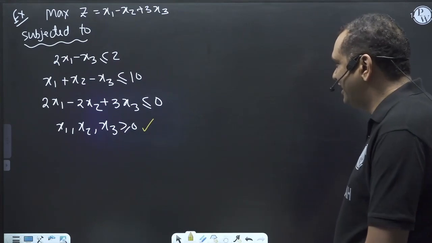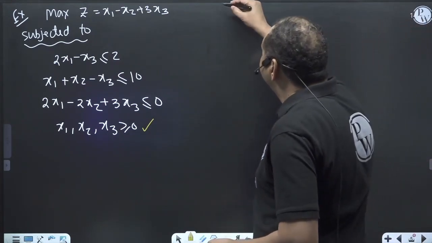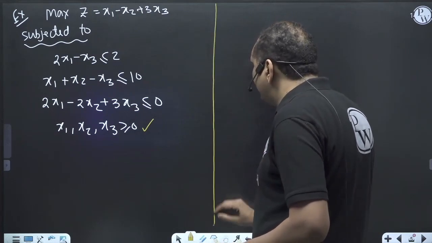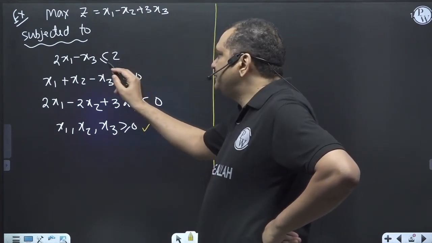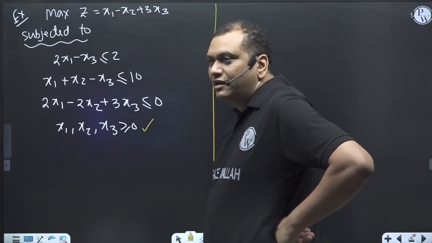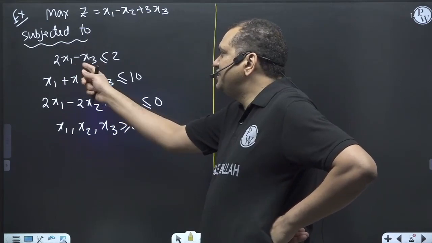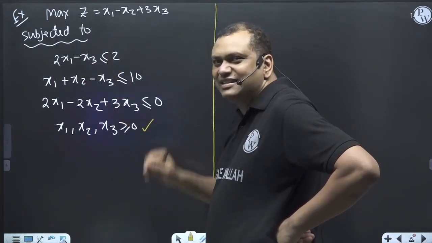Okay, all right. So now how to begin the solution? These constraints, we have to make into equalities. Because it is a less than or equal to sign, the left hand side is slightly less.